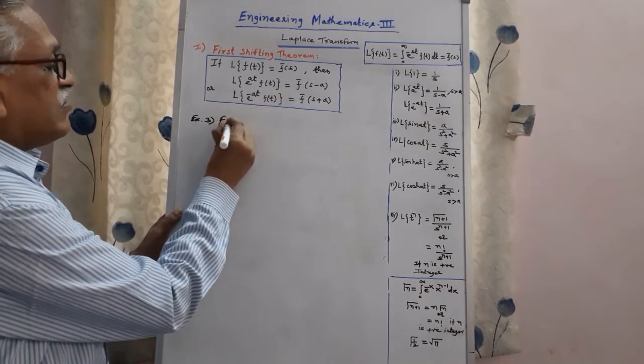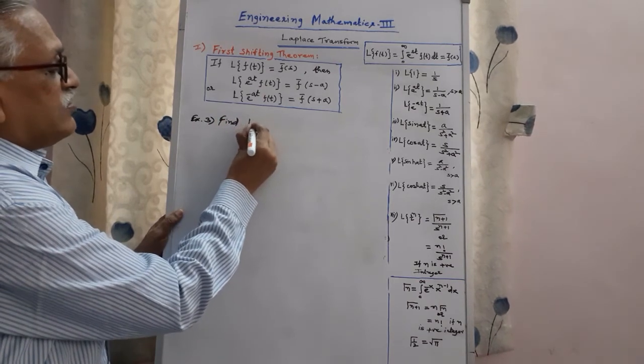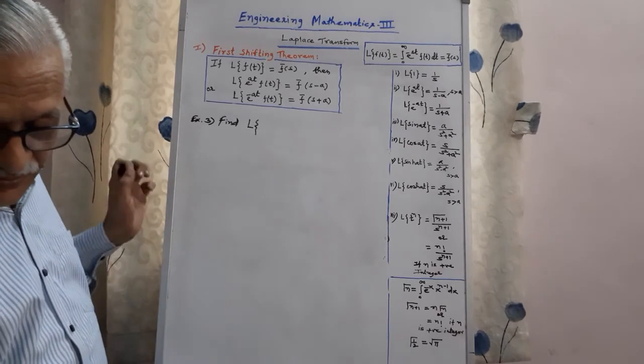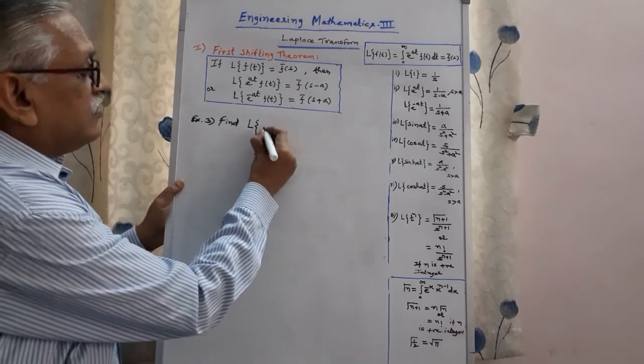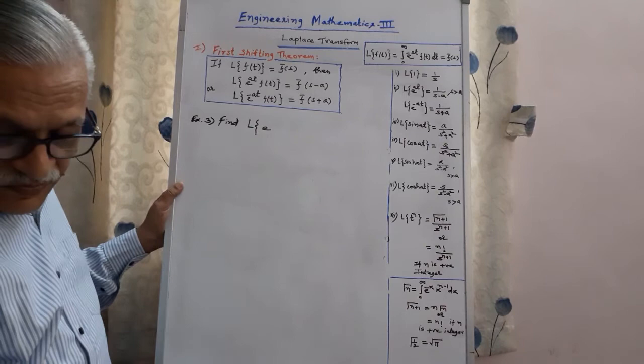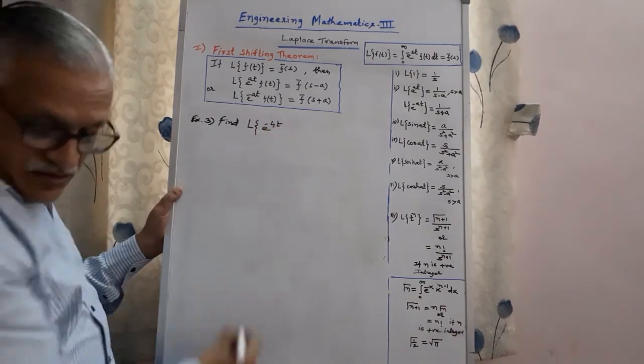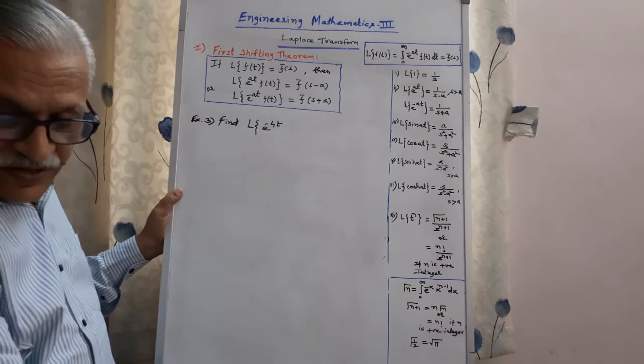Find Laplace transform of e raised to minus 4t into t square.